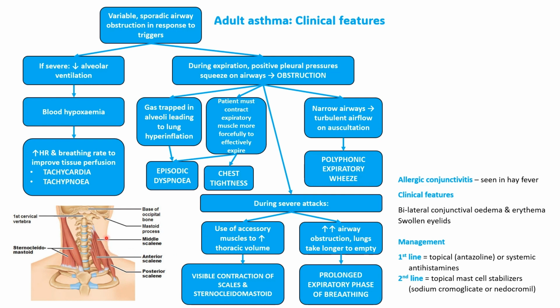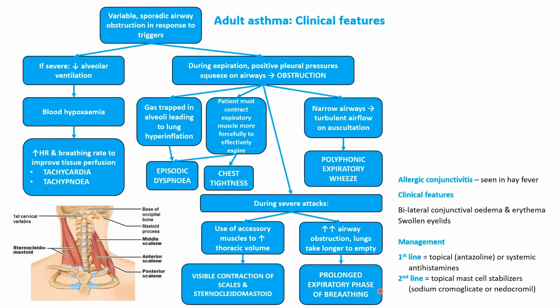Okay. And in terms of the increased airway obstruction and the lungs taking longer to empty, this is going to result in a prolonged expiratory phase of breathing. Okay. So if you observe the patient during the acute asthma, they might have a prolonged expiratory phase of breathing.